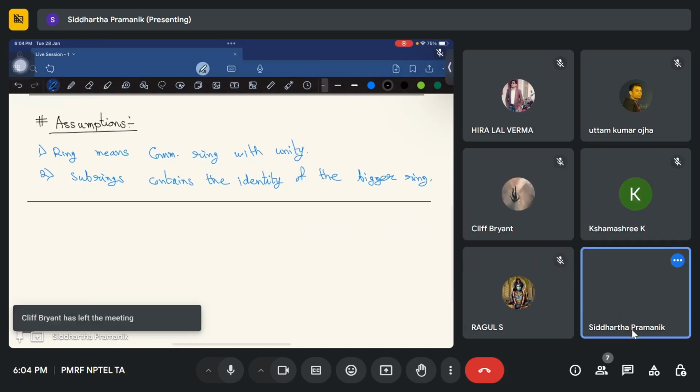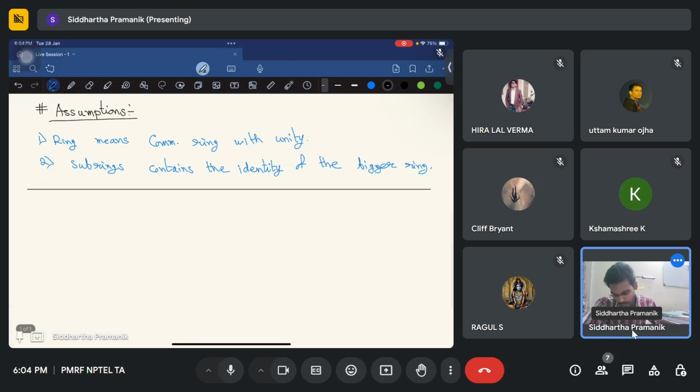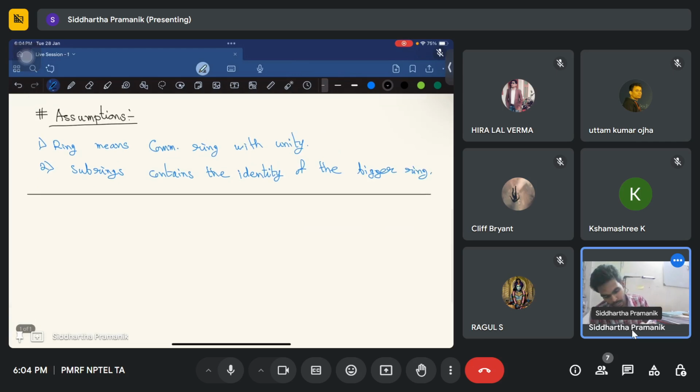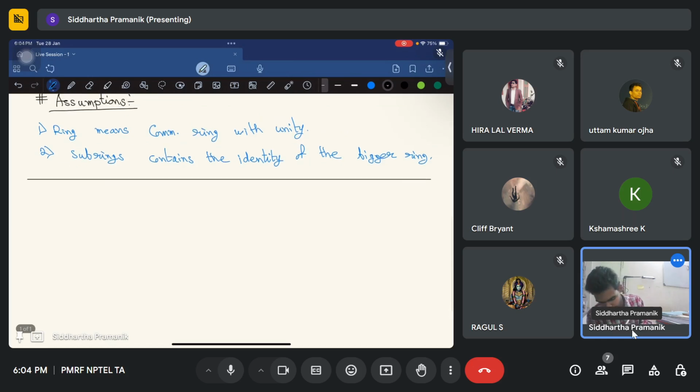Okay. So first I want to define one more special type of element which will be useful. This is known as zero divisors.